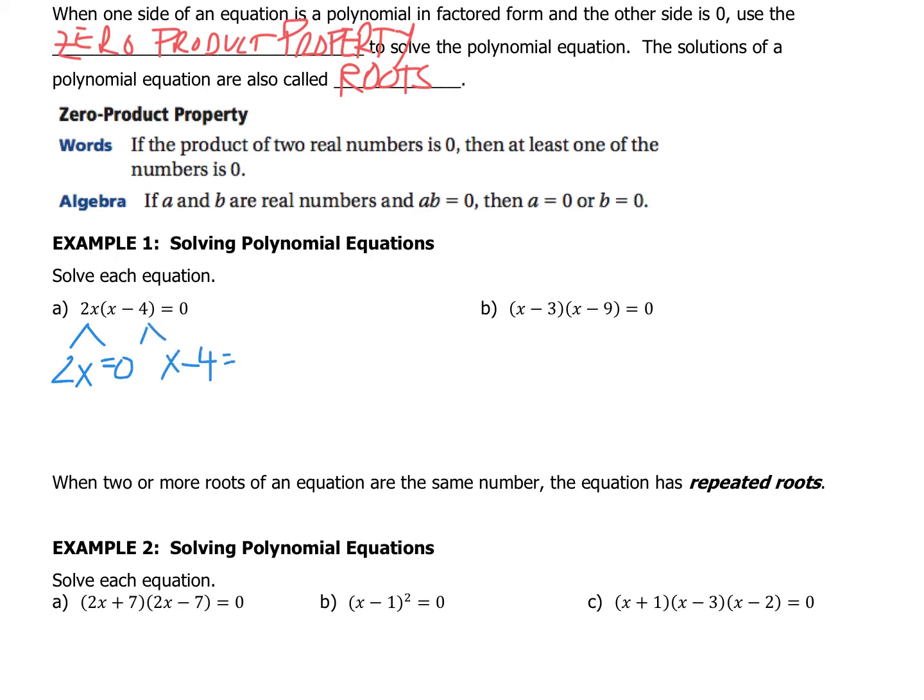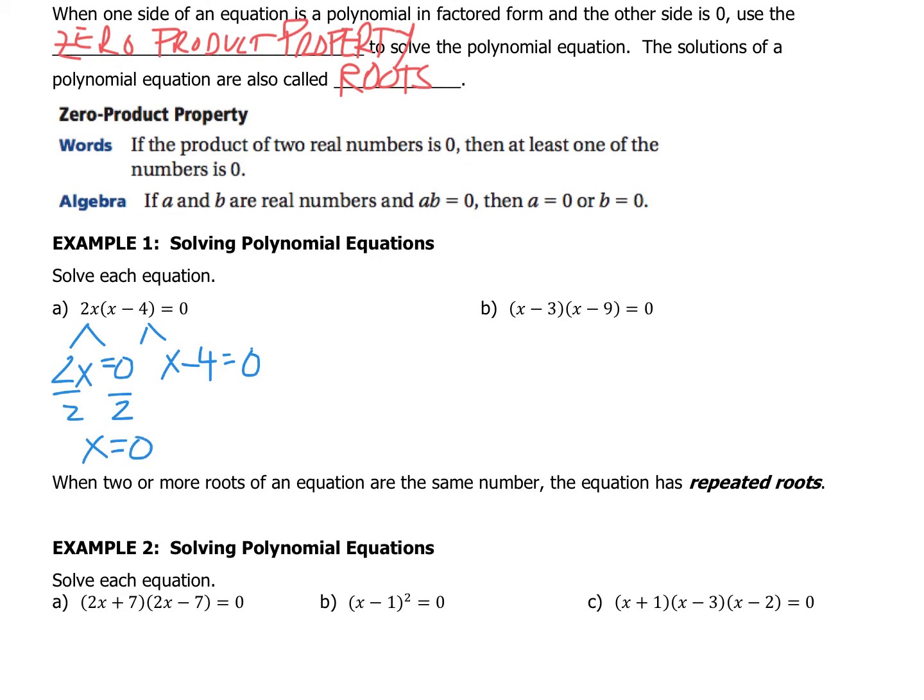Either 2x has to equal 0 or x minus 4 has to equal 0. So basically what we do is we make each of those expressions equal to 0 and then solve them separately. So obviously for the first one, 2x, we divide by 2.